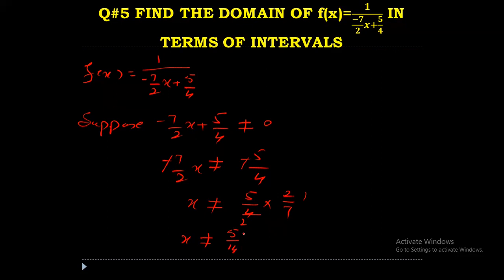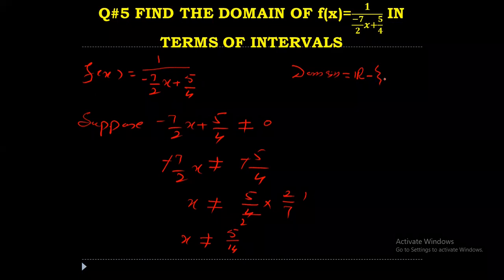So boys, just a minute. Domain, right here. Domain equal set of real numbers minus 5 over 14.